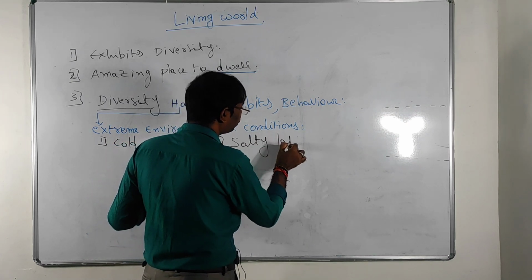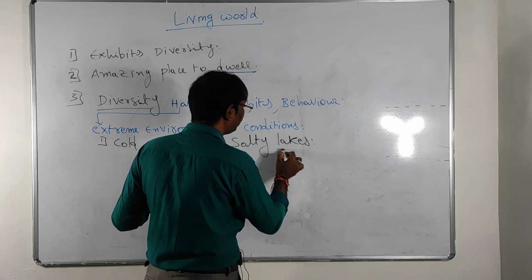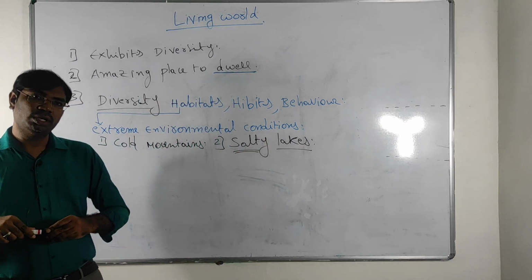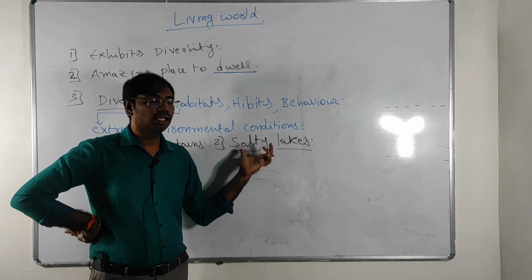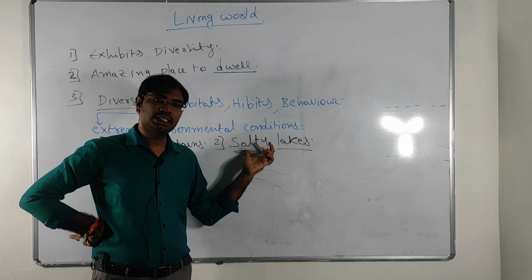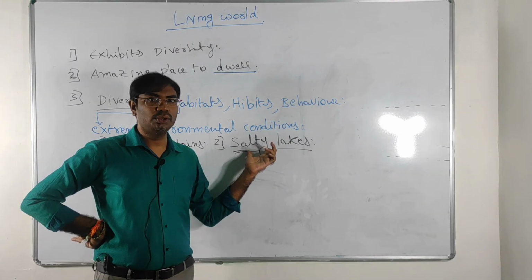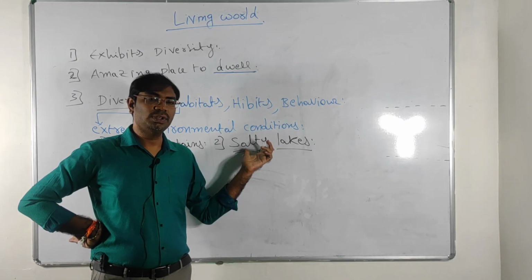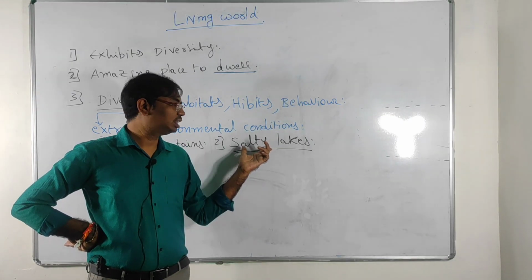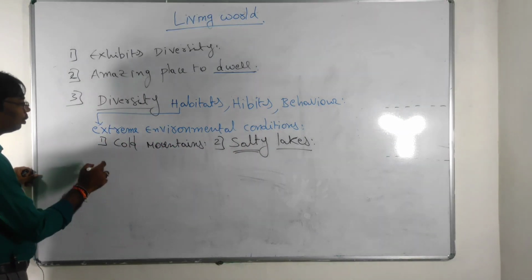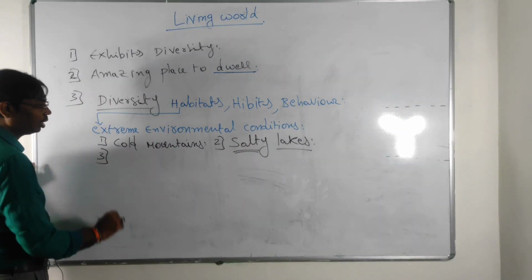Compared to fresh water, the salt water is not very suitable for living organisms. Salty lakes contain more salt than ocean water, so it is very difficult for living organisms to survive in salty lakes. This is also called an extreme or unfavorable environmental condition for living organisms.